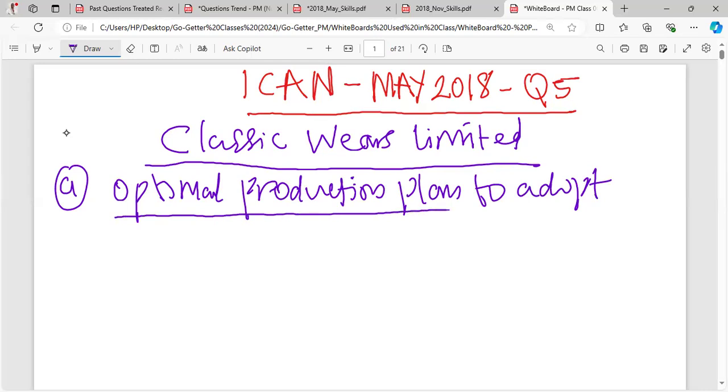Now this is our aim. Now the first thing to do here is to follow these steps.